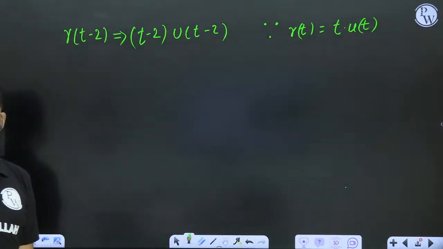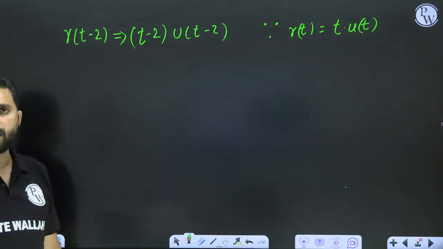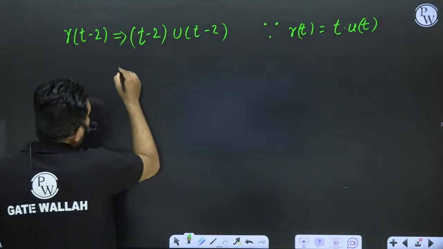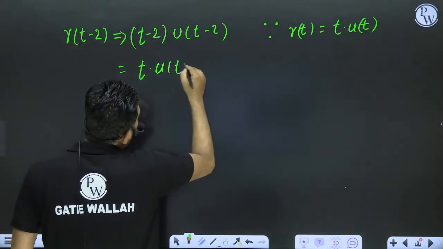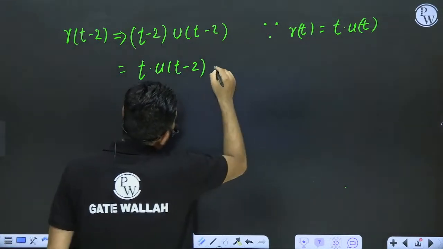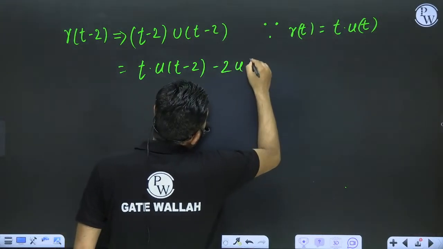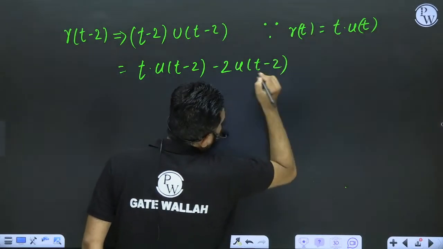Then r(t minus 2) is (t minus 2) into u(t minus 2). Now see here, what is this one? This can be written as t into u(t minus 2) minus 2 into u(t minus 2).